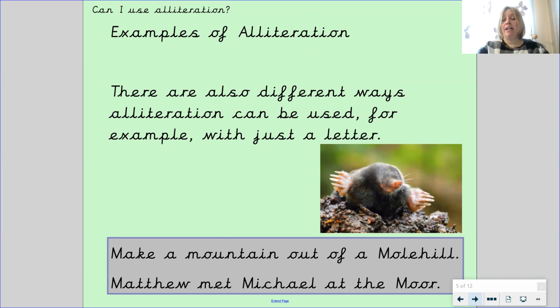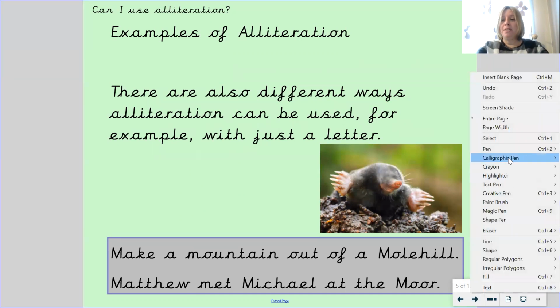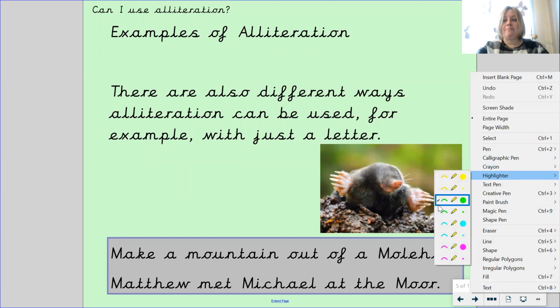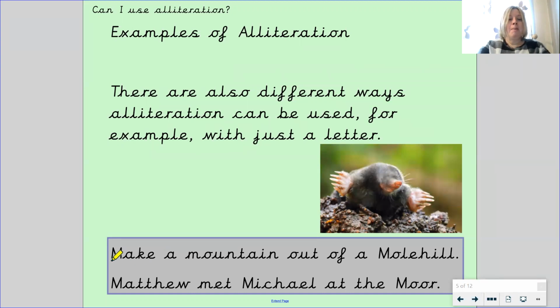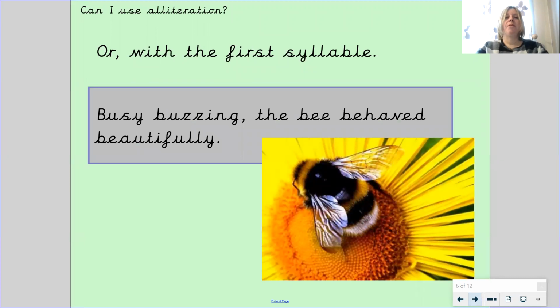Let's highlight how they start with the same letter. So we've got make a mountain out of a molehill. So they start with the same letter. Matthew met Michael at the mall. So they start with the same letter.